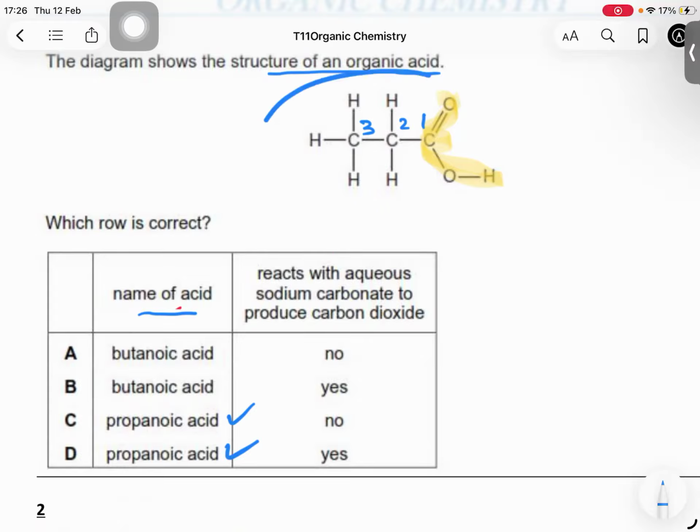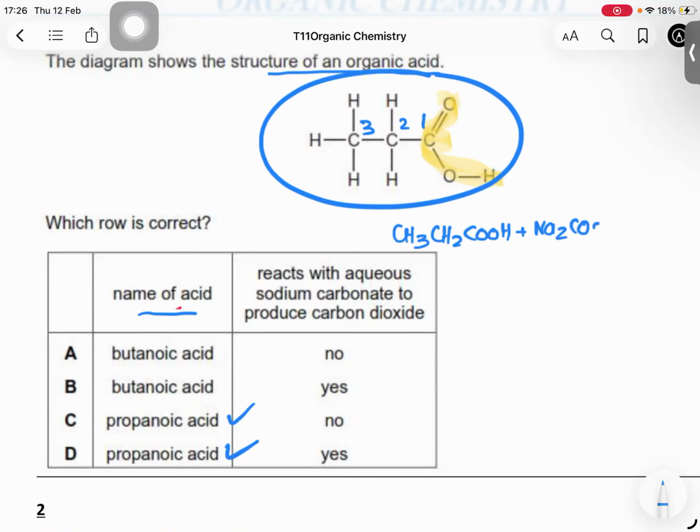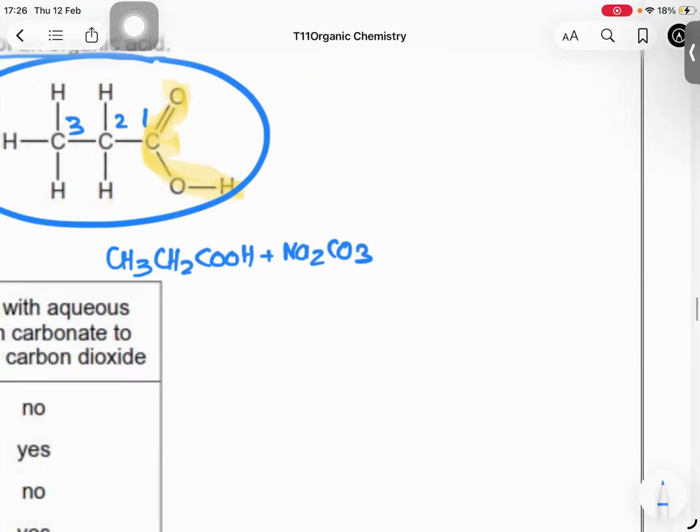So if I write this like this, CH3, CH2, please copy this equation with me, COOH plus Na2CO3. You should also remember its principle. What was the principle I made you learn yesterday? The sodium is going to go and replace this H. What will form? CH3CH2COONa. And what do you have to do for Na?